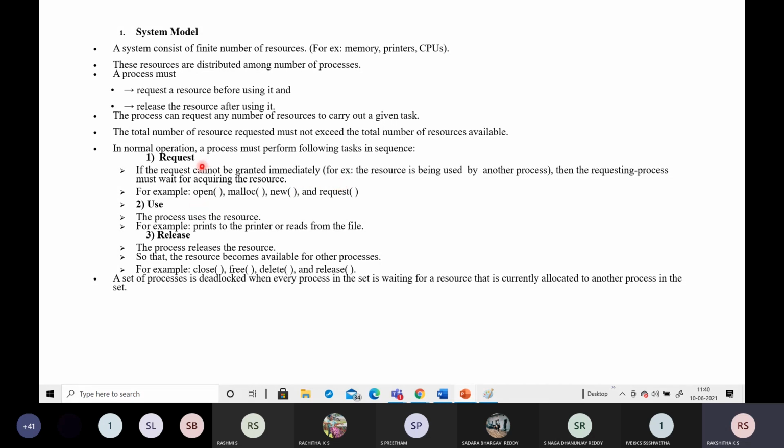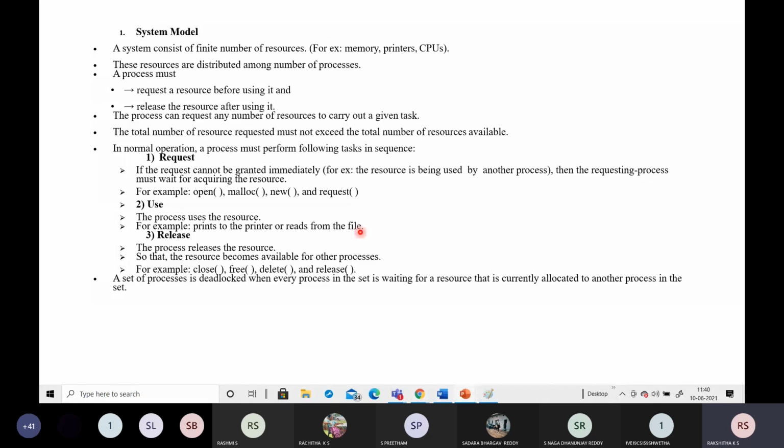Once you have received the resource, you then have to use it. The process uses the resource, for example, printing to the printer or reading from a file. Here the computer requests the resource, the printer, and the printer is now available to the computer.